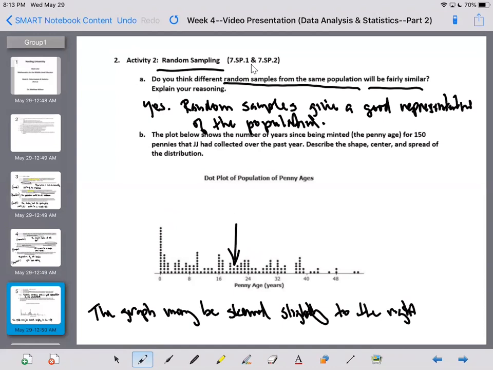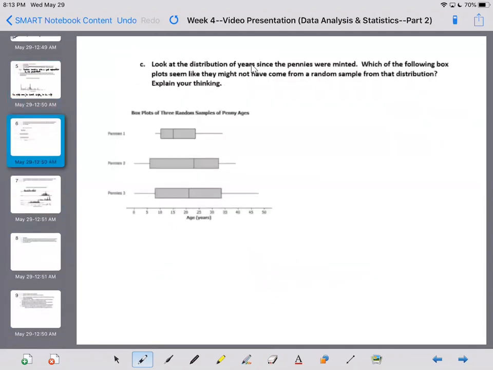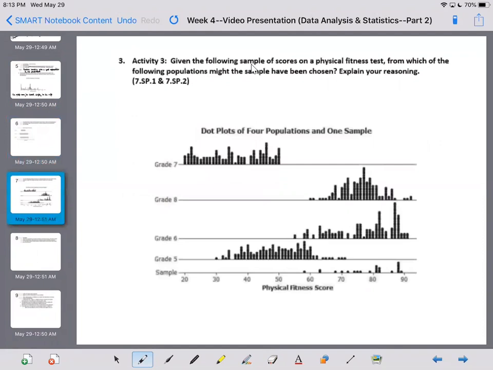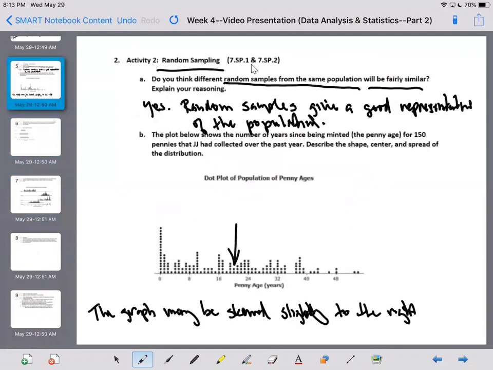Okay, let's look at part C. Look at the distribution of years. So now we're looking at box plots. And these box plots represent different random samples. So I am going to come back and look at this graph here. So when I reference these box plots, I'm really referencing our original population.